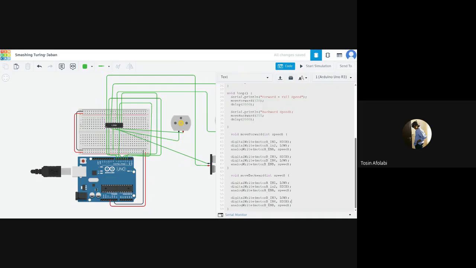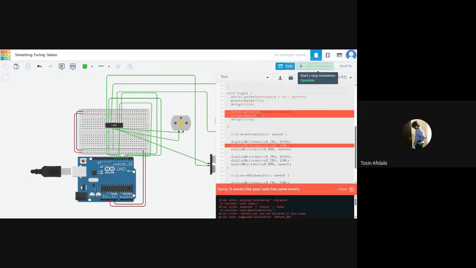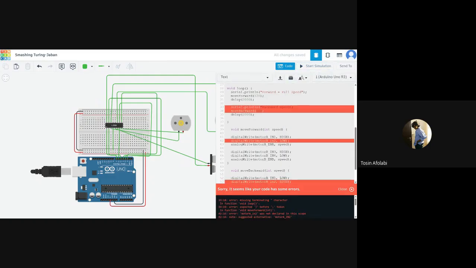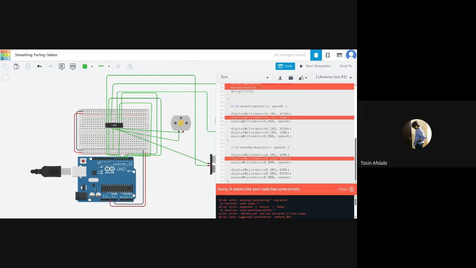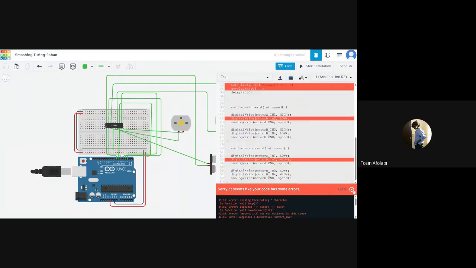Let's see if there are any mistakes. Not that I can see. Well, let's run this first. Oh, another mistake. Why now? Did I offend? Oh, well, okay.